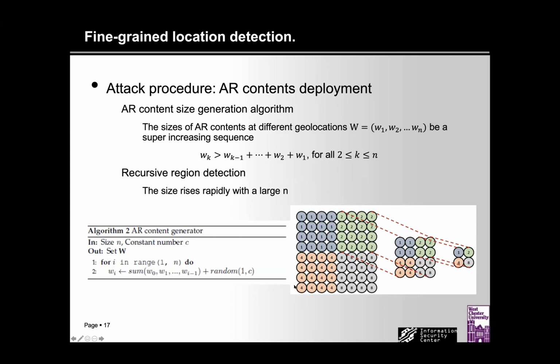For a large space, we first use this super increasing sequence to deploy the content, but with the same size. Once we detect the user is within a certain range, we re-upload this AR content with a different size and shrink the detection area. Eventually we can make it smaller and successfully pinpoint the user's location.